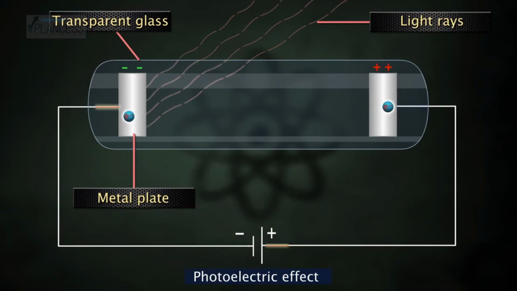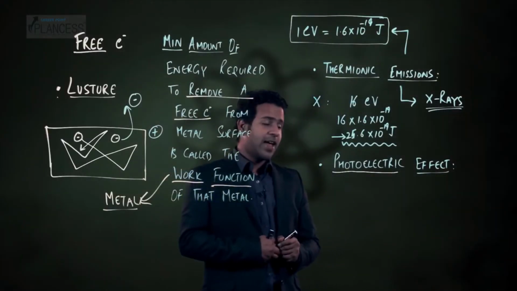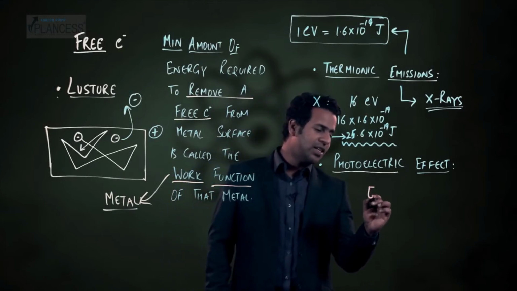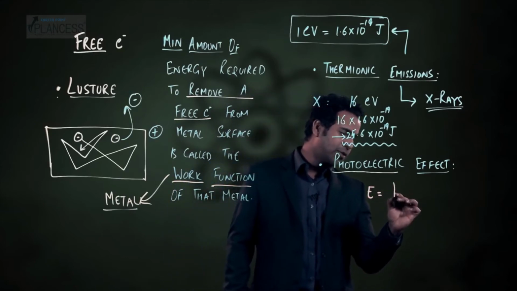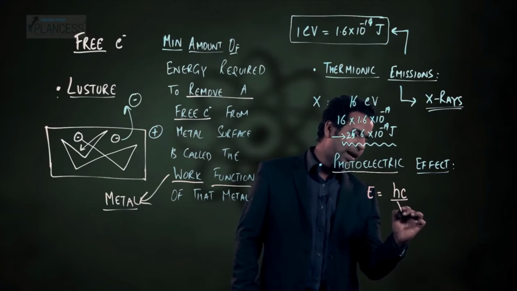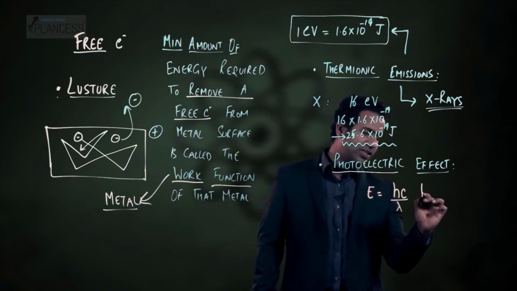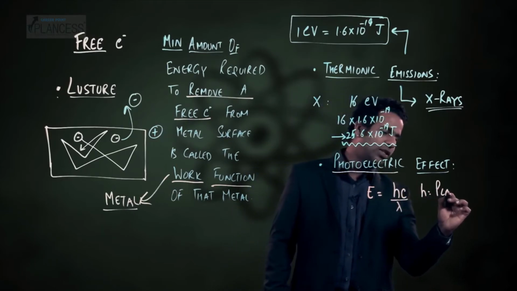Now, in this case, if you think about it, the energy that is needed to eject that electron is being provided by light. Now, light is a wave and it carries an energy which is given by the expression hc by lambda, where h is called the Planck's constant.